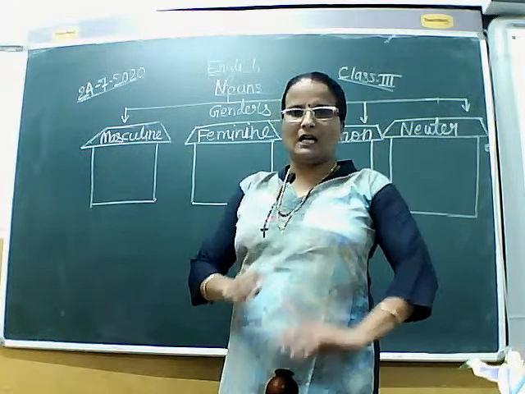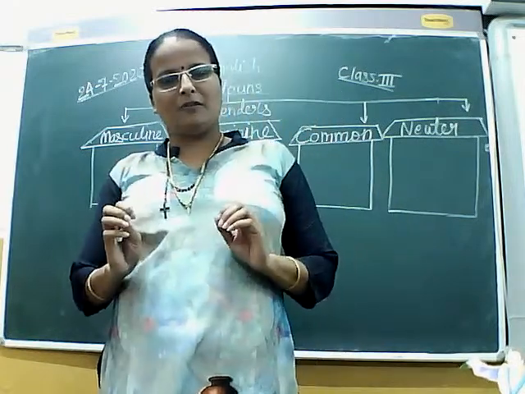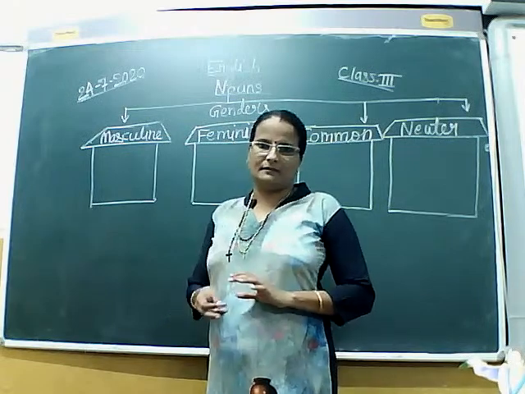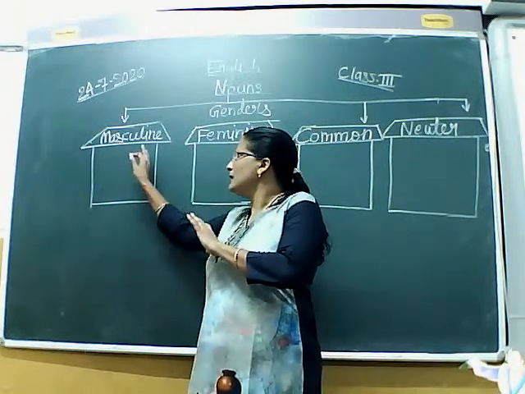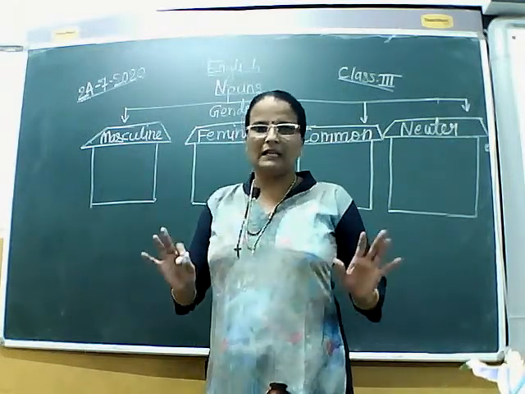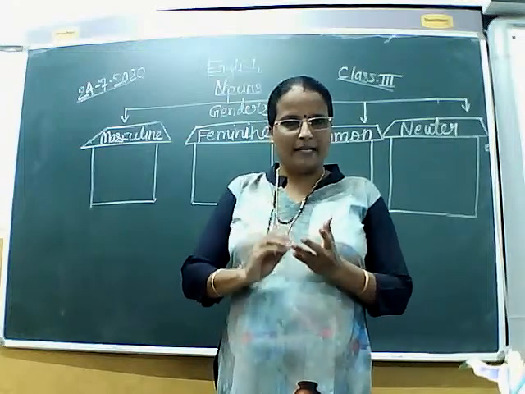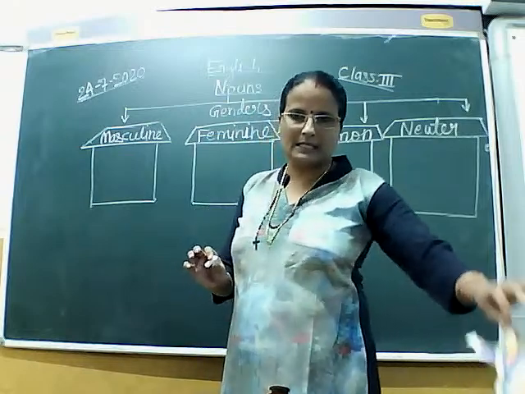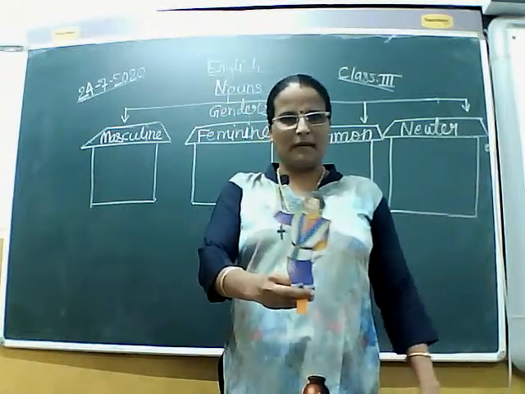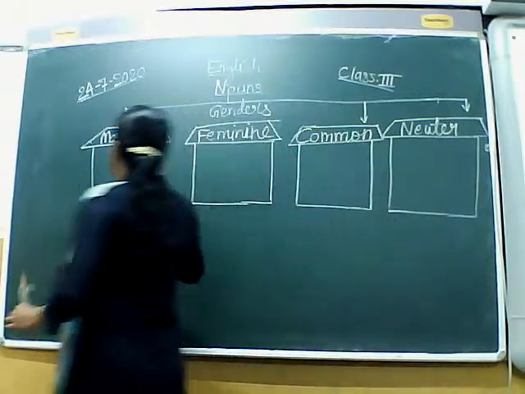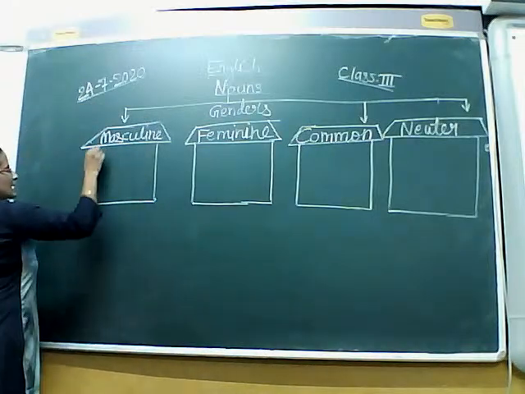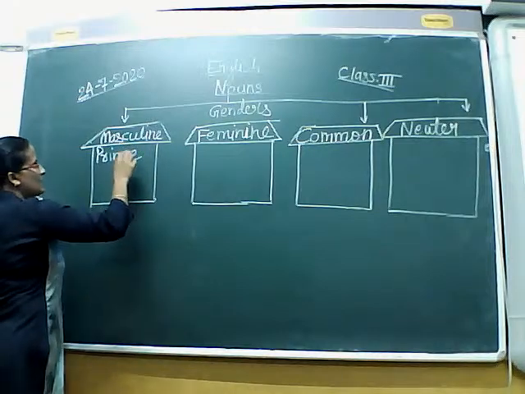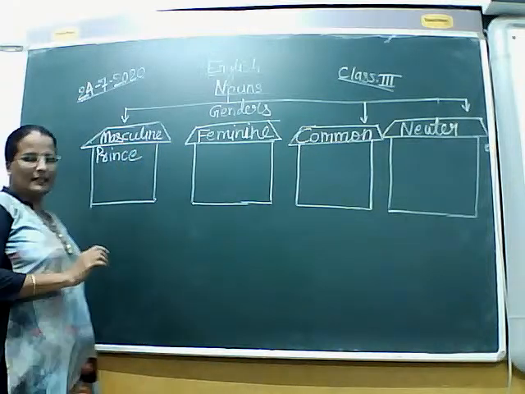Masculine gender has all the nouns which refer to male gender. Masculine gender refers to the male category of animals or human beings. For example, prince. Prince is a male. So we will write prince in the masculine gender category, or prince is a masculine gender.